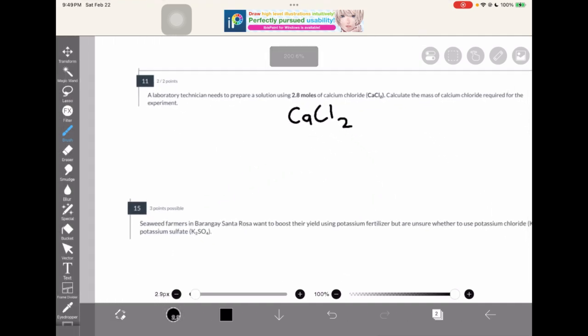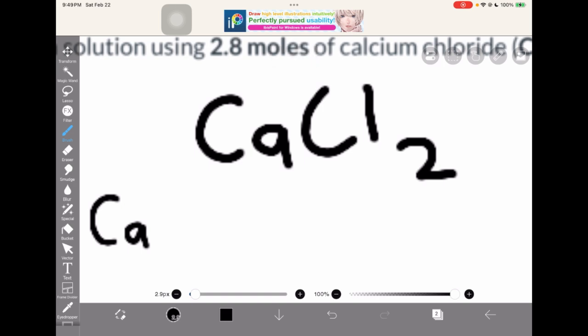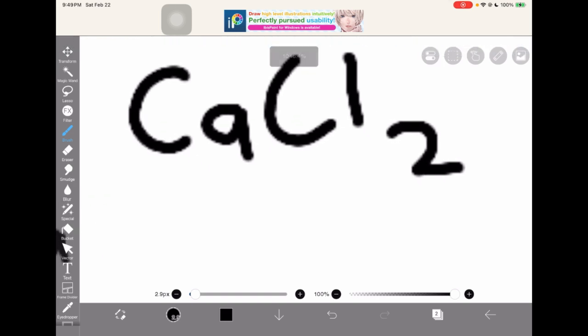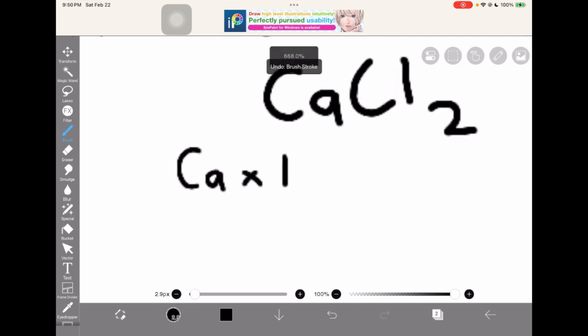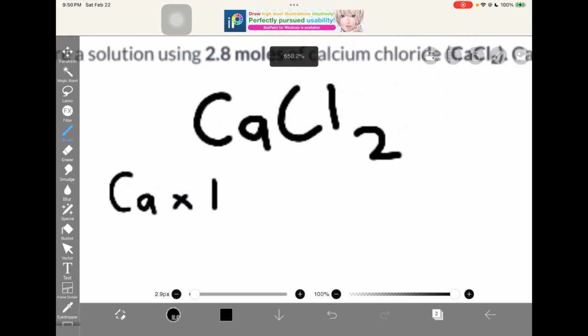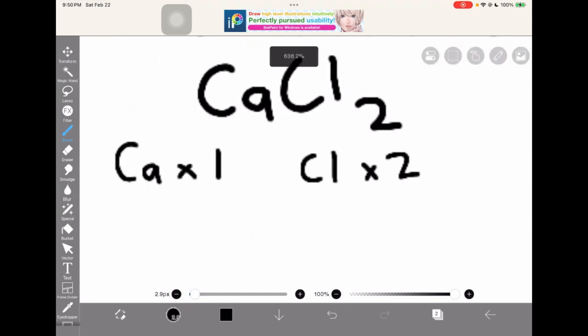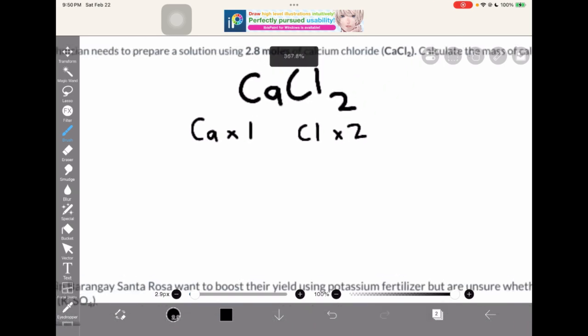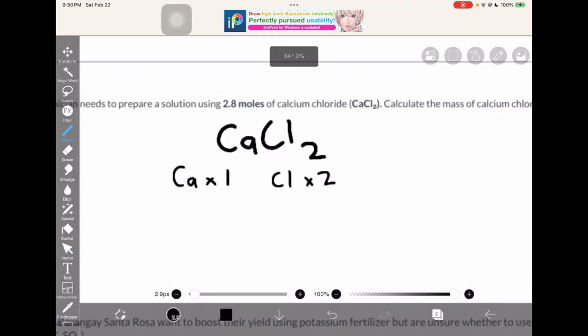As you can see, we most definitely have calcium. Then we need to look at the subscripts to see how many there are. There's only one calcium, so calcium times 1. And then we also have chlorine, which we have 2 of. Cl times 2.